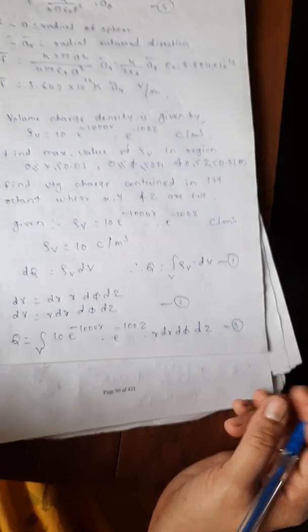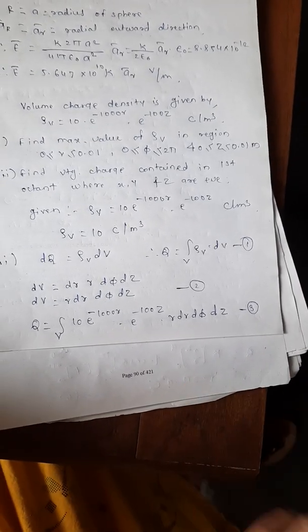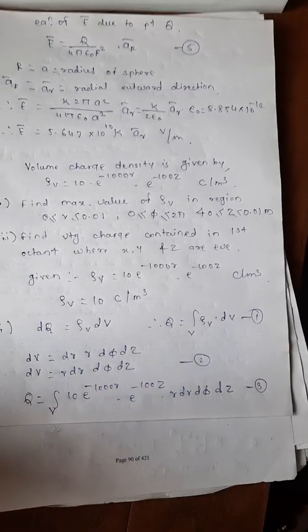Here dv is the differential volume and it is the multiplication of 3 components. Now the volume integration is a triple integration.